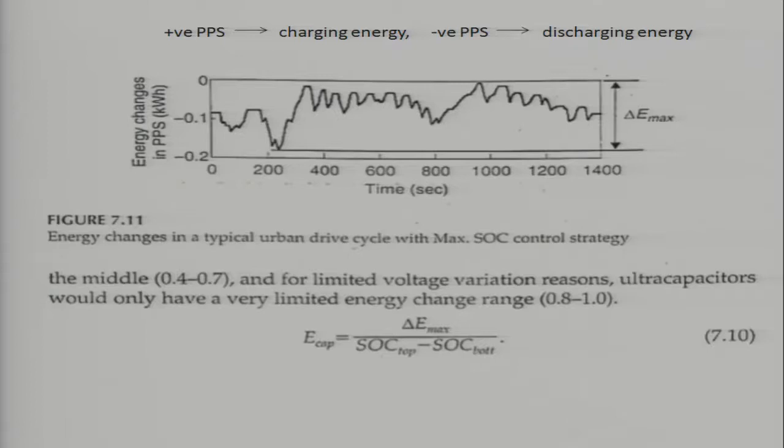For limited voltage variation regions, ultracapacitors would only have a very limited energy change range, 0.8 to 1. So delta E max is very small, of the order of 0.8 to 1, for ultracapacitors or supercapacitors.